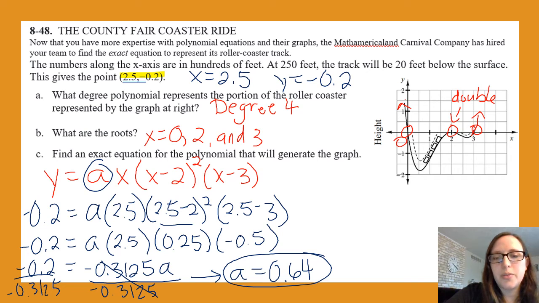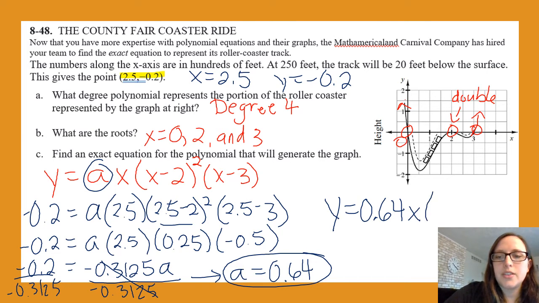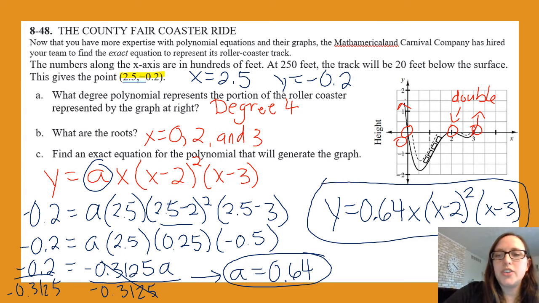If you're working with pencil, you could just erase that and put 0.64 right there and circle that as your final equation. So y equals 0.64, x minus 2 squared, x minus 3. That is the equation that should match that graph right there.